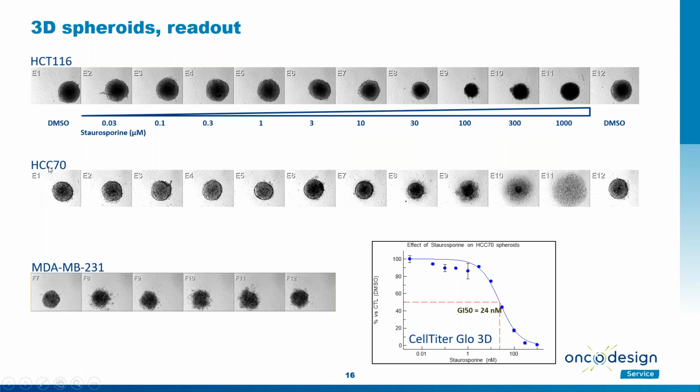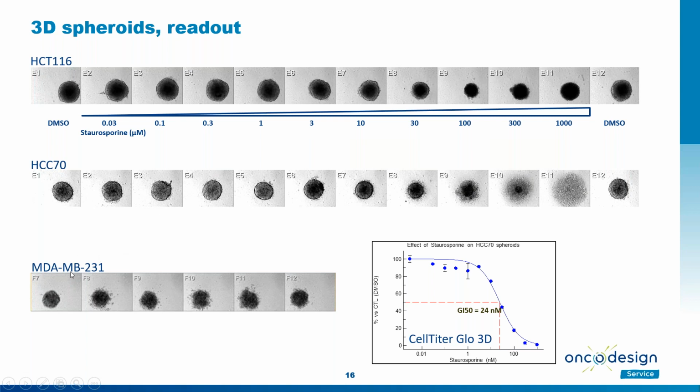In this HCC70 breast model, we can see that the compound is really destroying the 3D structure, and with a really high dose, we cannot evidence any organized structure anymore at the end.